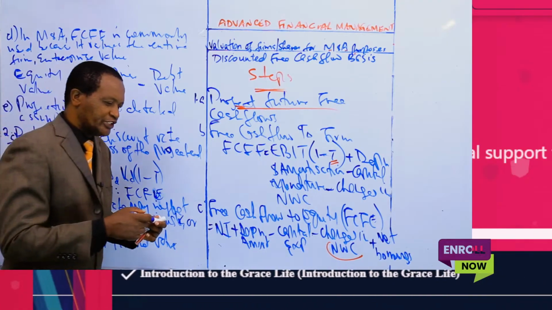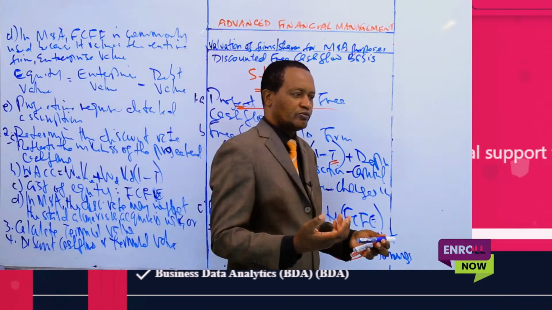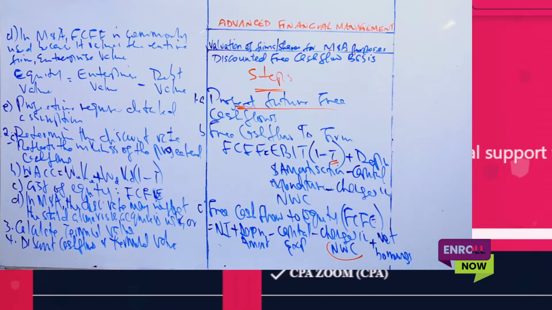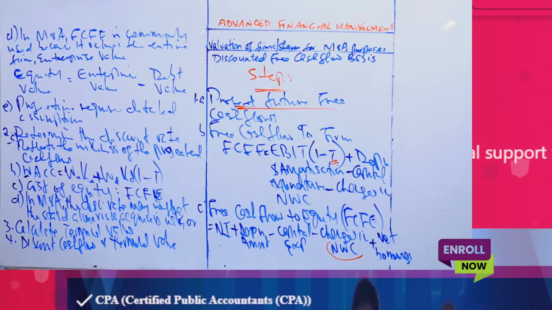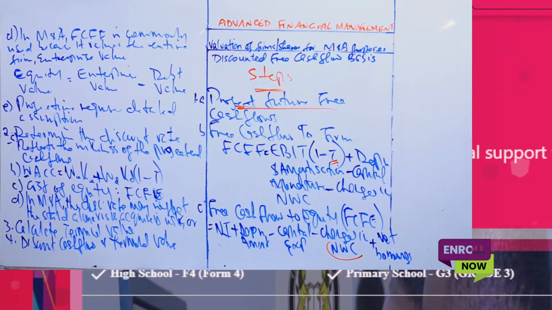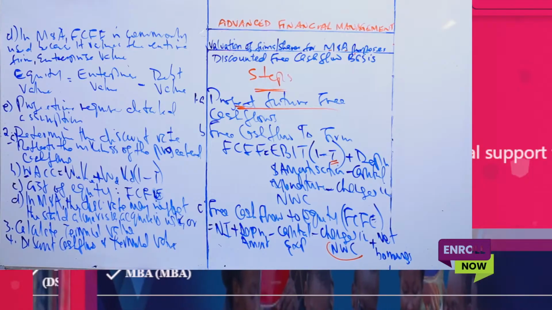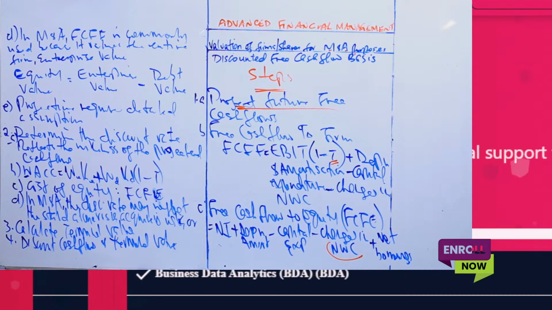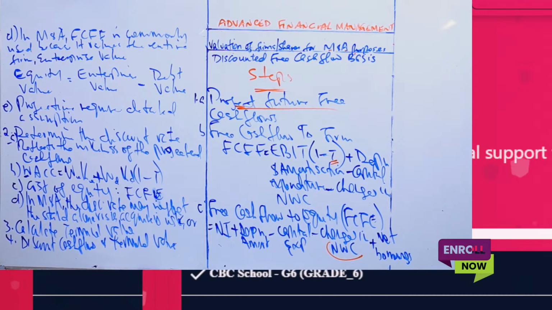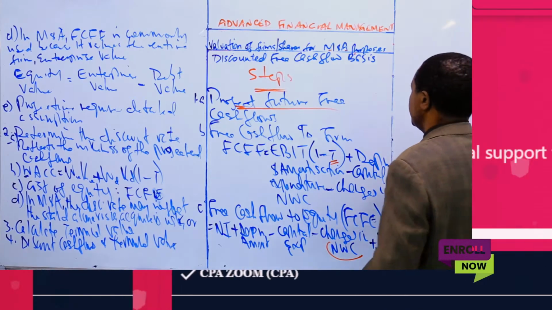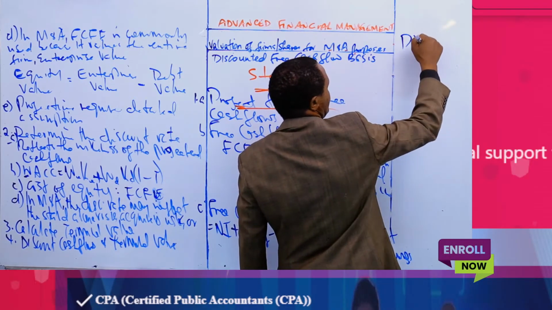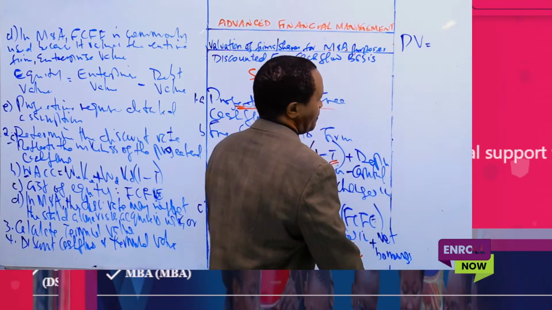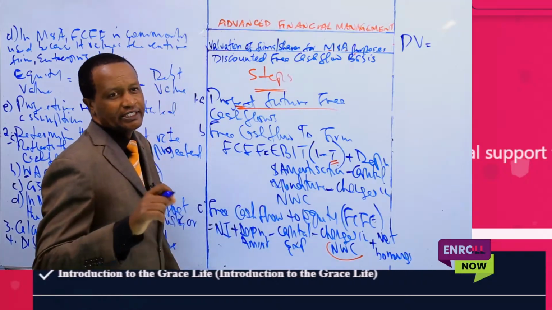You have to discount each projected cash flow and the terminal value back to their present values using the chosen discount rate. It could be the weighted average cost of capital or the cost of equity. To discount cash flows means determining the present value of the cash flows. So you have to discount each cash flow back to the present value.